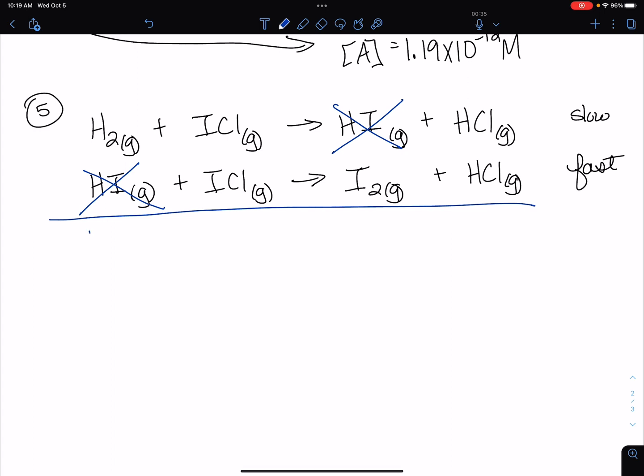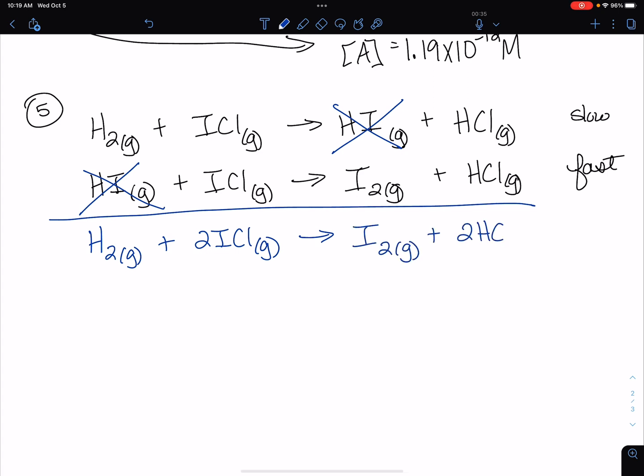So when I add these together, I've got hydrogen gas plus 2 ICl yields iodine gas and 2 HCl, hydrogen chloride gas. When it asks me to identify the intermediates, HI is the intermediate. It's the only one.